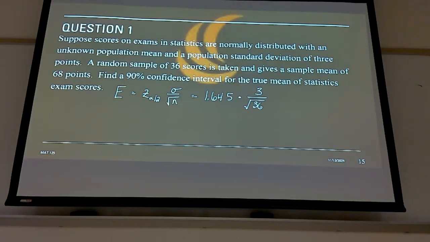Actually, there are two conditions. This satisfies the fact that the population is already normally distributed, so right there, it's good. And the sample size happens to be larger than 30. If it's not normally distributed, your sample size has to be 30 or larger. Otherwise, this doesn't work.